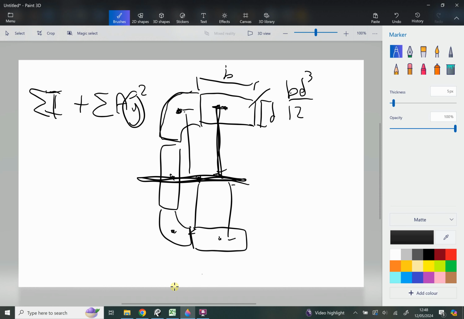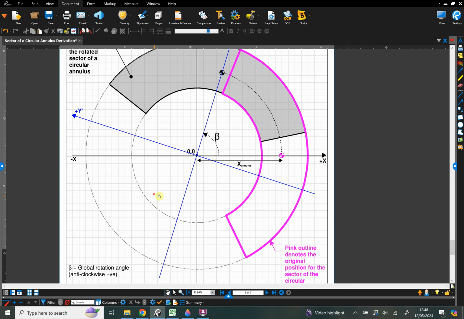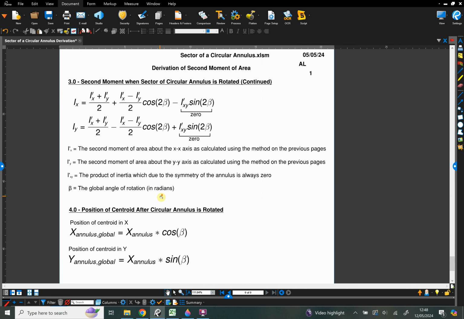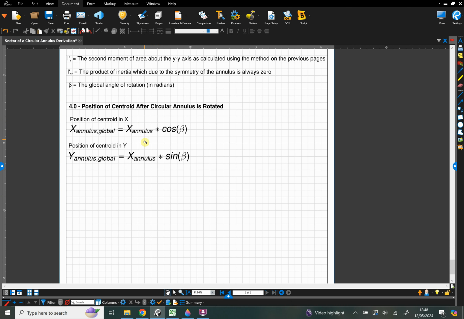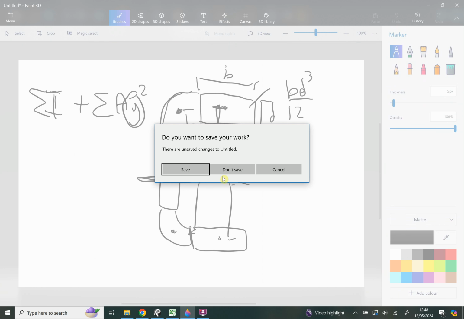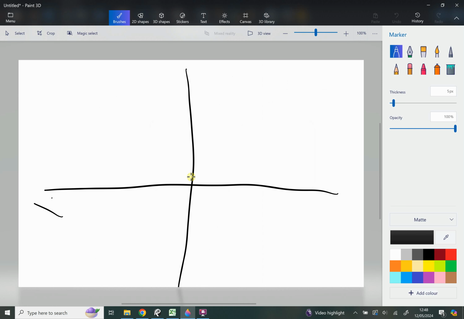Okay, and then the last thing I'll just tell you is at the bottom here I've also provided a formula to work out the centroid in this rotated state, and this is just simply using a right angled triangle to work out that position. And just to be explicit here, just to fully finish this off, we have our x and our y axis again, xx, y.